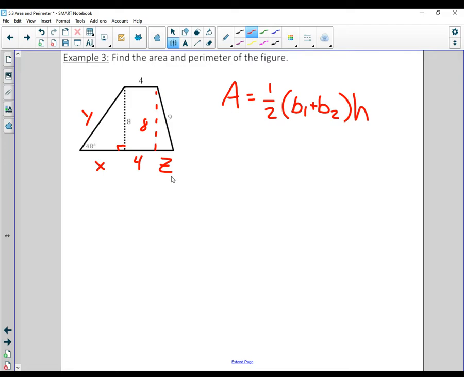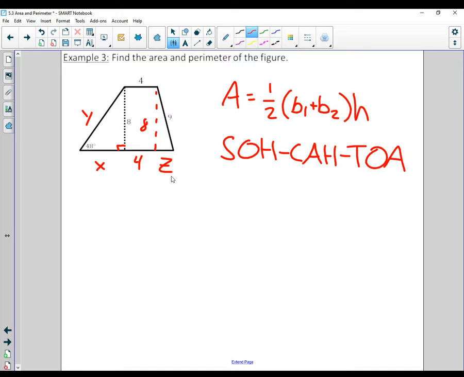That was the Pythagorean theorem. What was the other way?